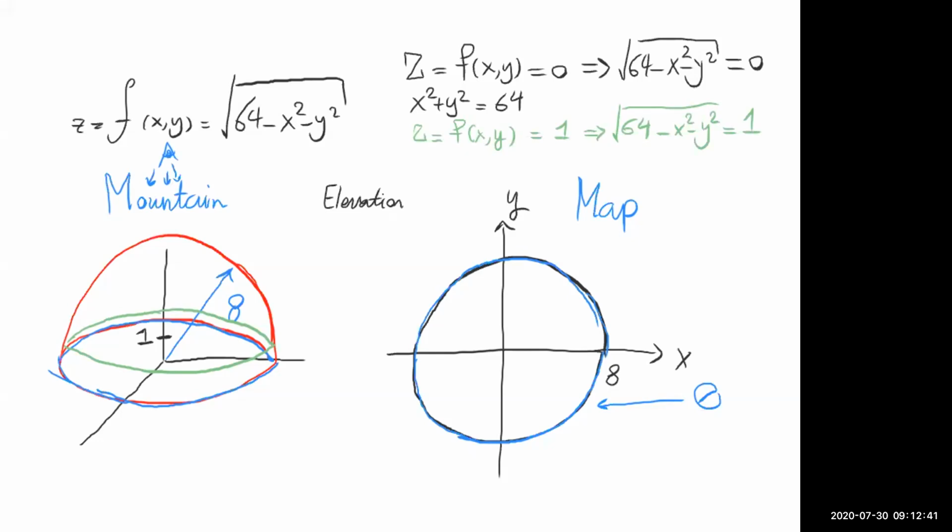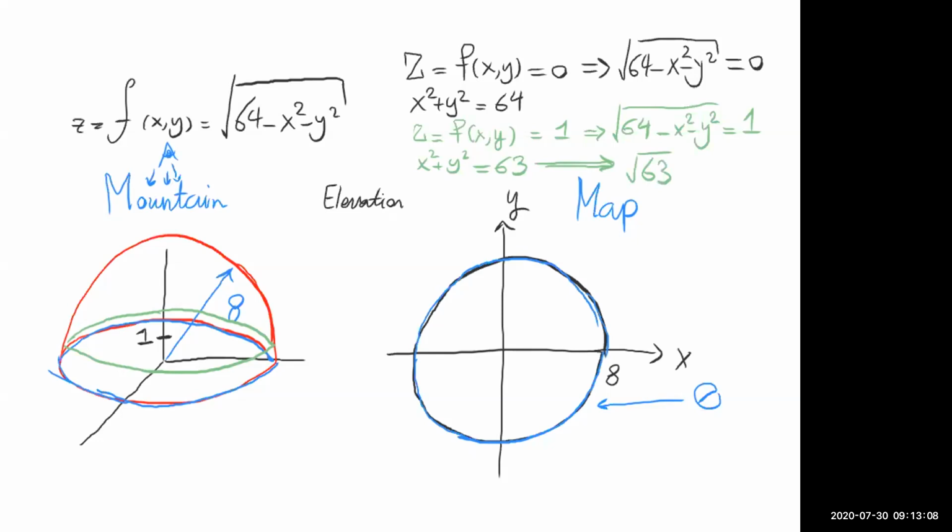Again, here we can square both sides of the equation. What we would get is that x squared plus y squared equals 63. Well, what is that? That's the equation of a circle centered at the origin with radius square root of 63, right?